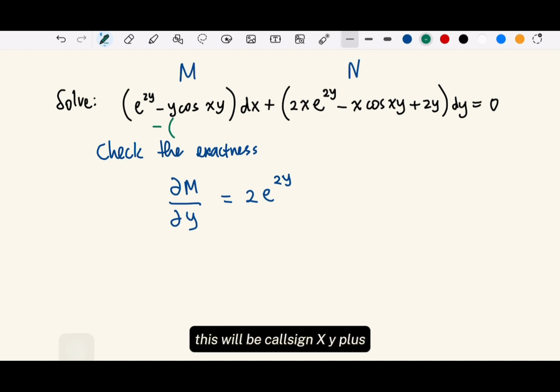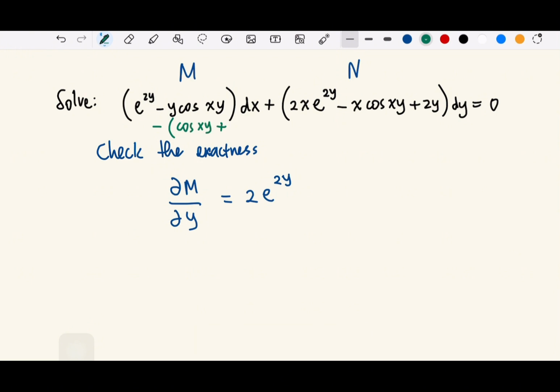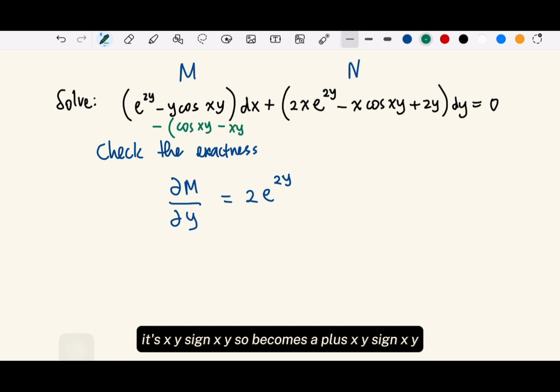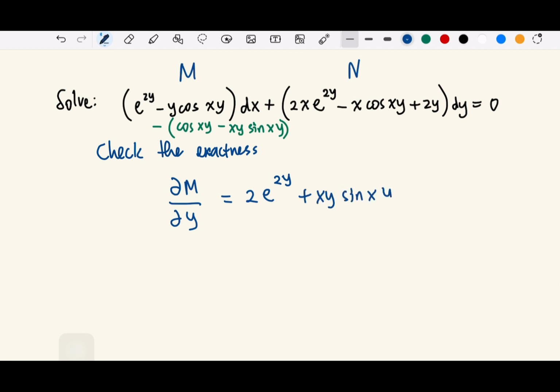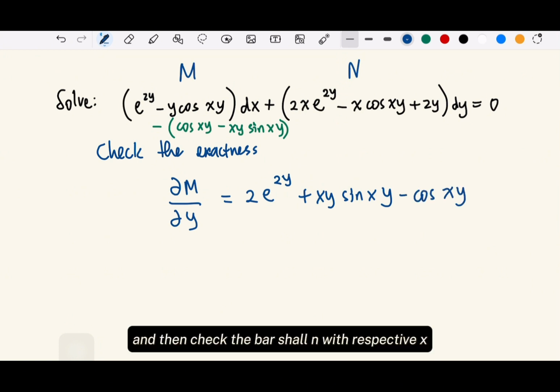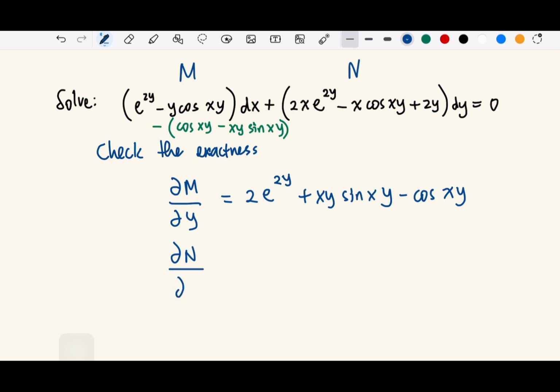This will be cosine xy minus xy sine xy. Okay, so it becomes plus xy sine xy minus cosine xy, and then check the partial of N with respect to x.